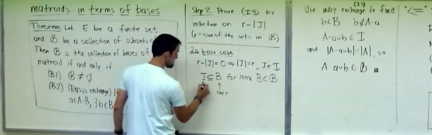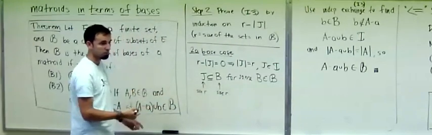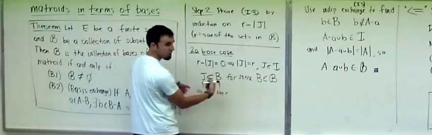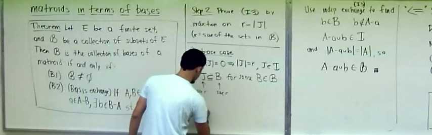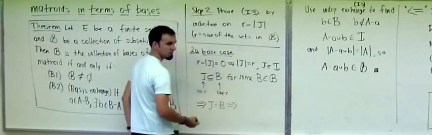And therefore they're equal, because this one is a subset of this one. If they have the same size, then J is equal to B, and that's why I said that J is a basis.